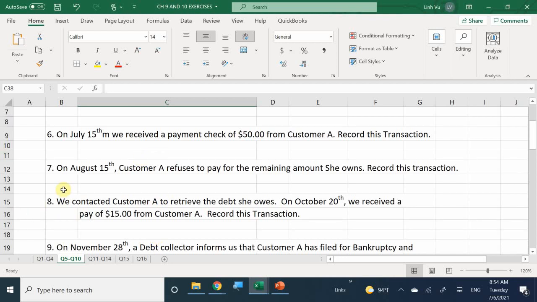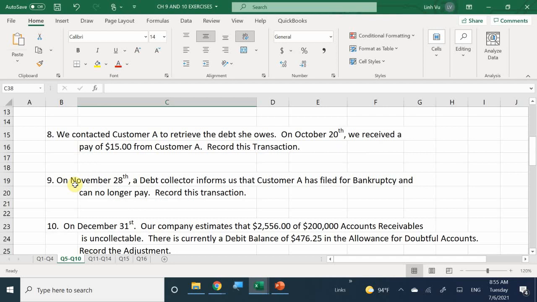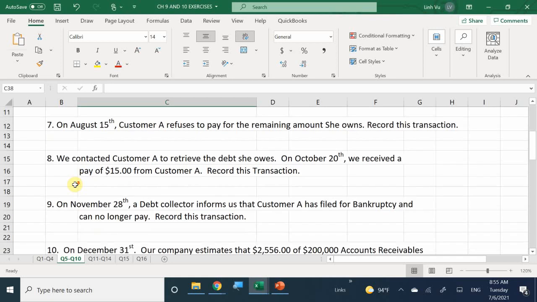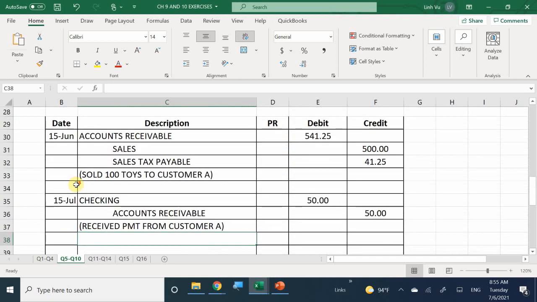When a customer refuses to pay, we can consider that as potential bad debt, because that's potential money that we could possibly lose in the future. So what account are we going to be using to reflect how much she owes us and how much is going to be potential bad debt? That will fall under allowance for doubtful accounts.